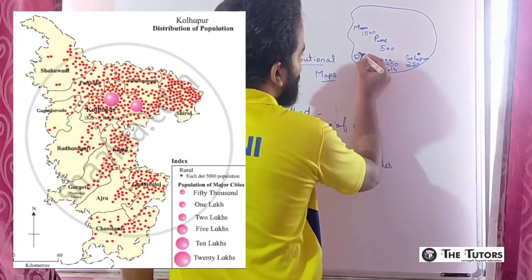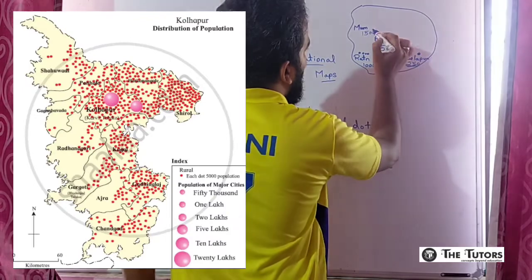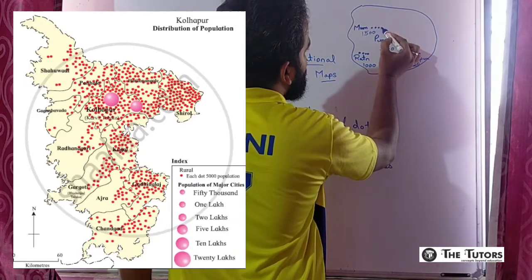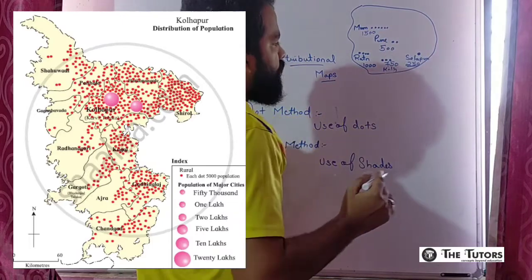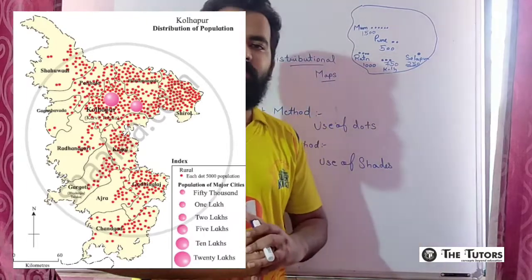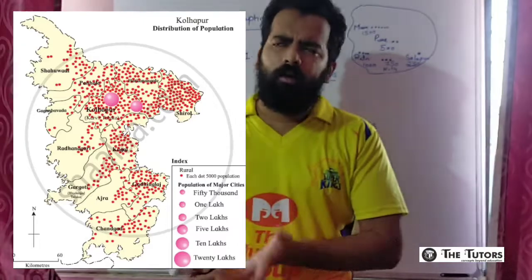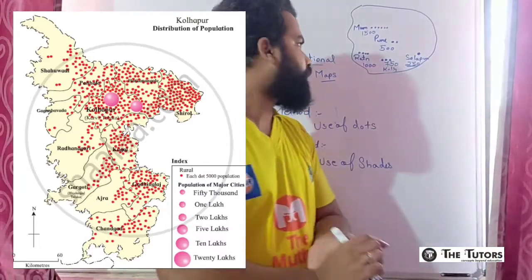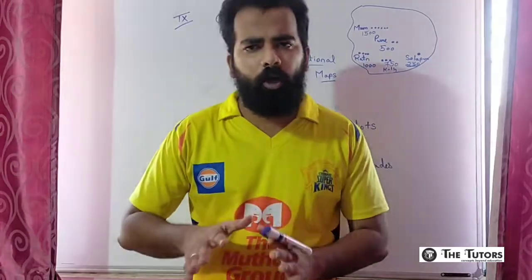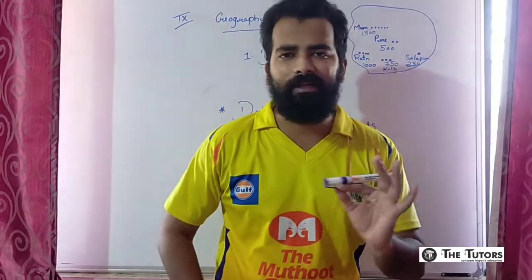In Ratnagiri we will have 4 dots, in Pune 2 dots, and in Mumbai 6 dots, because the population density is different in different places. The highest population according to this map is in Mumbai because it is an urban area. I hope you have understood what the dot method is and how it is calculated. This was just the simplest basic example.